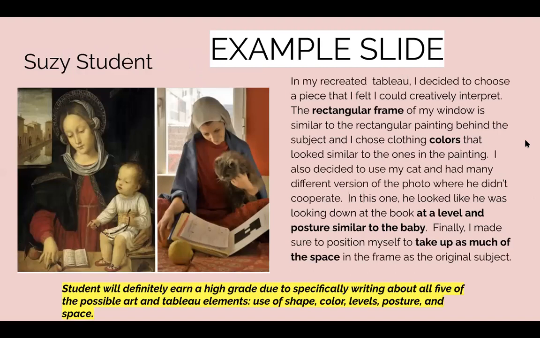So Susie Student writes, in my recreated Tableau, I decided to choose a piece that I felt I could creatively interpret. The rectangular frame of my window is similar to the rectangular painting behind the subject. And I chose clothing colors that looked similar to the ones in the painting.